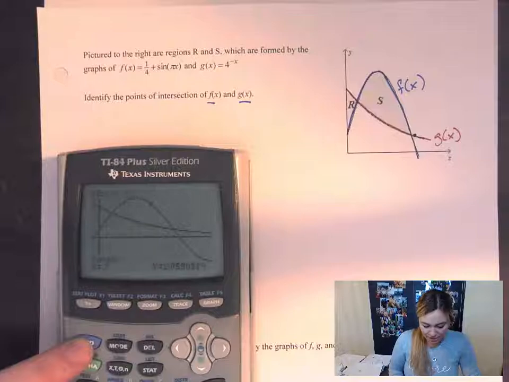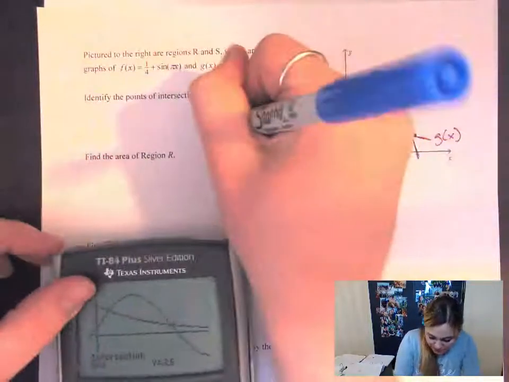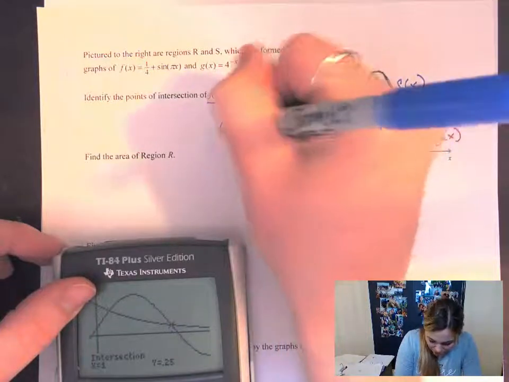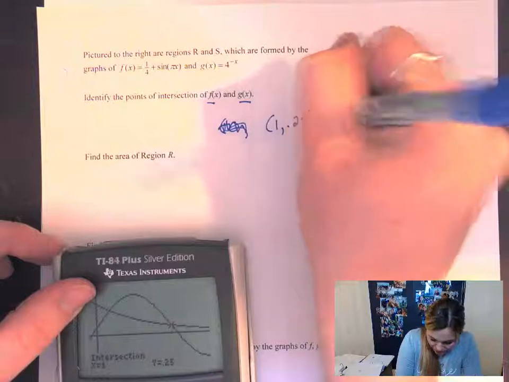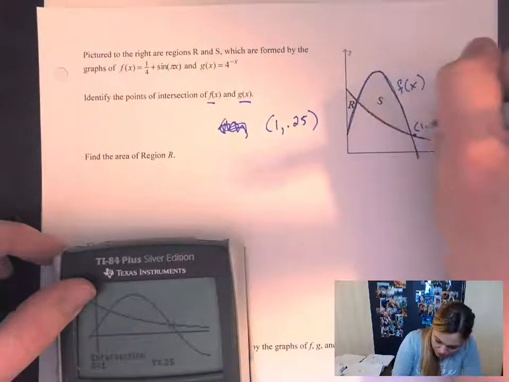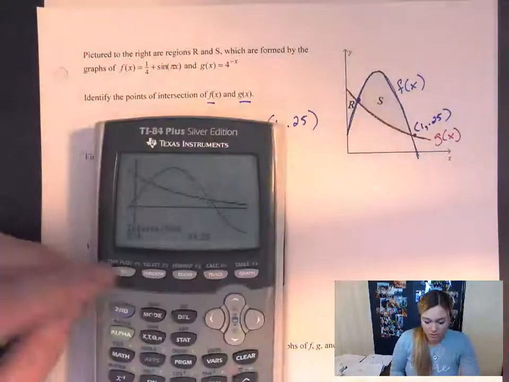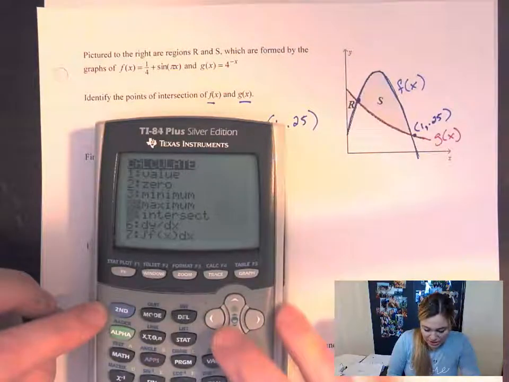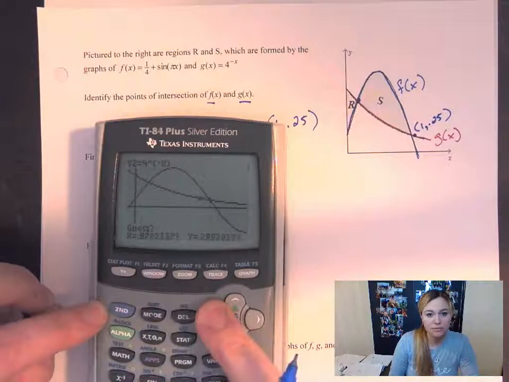Intersect, enter, enter, enter. He gave me this one first. That's fine. 0, oh wait, oh, I messed it up already. 1.25 is this one. If I do second calculate intersect, and I push enter, enter, this time I need to move my cursor.